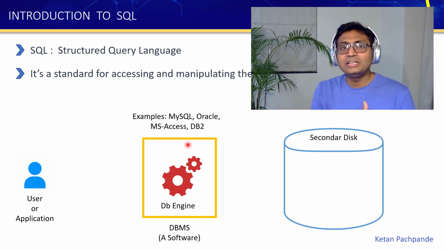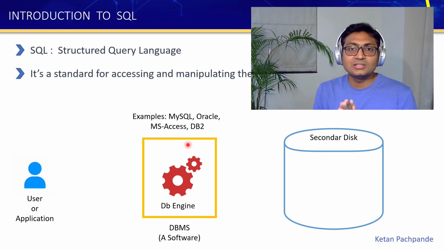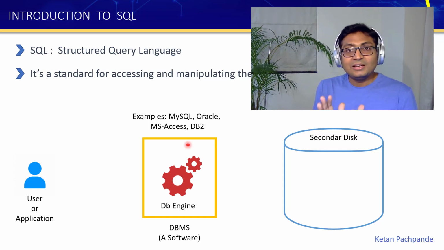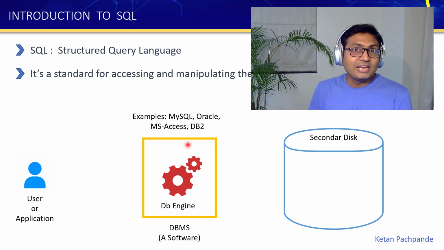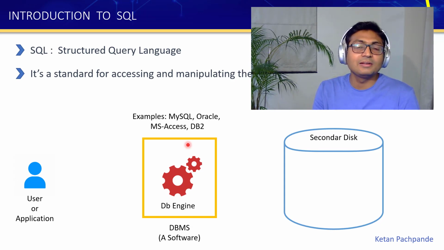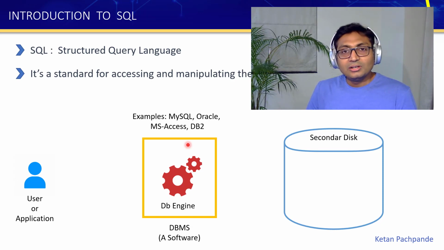You can even download all the transactions that happened in your account last year, the year before that, and so on. It means the data is stored somewhere permanently, for as long as the bank is managing it. The place where this data is stored is the secondary disk, like your laptop's 1 terabyte or 512 GB hard disk. Even if you shut down your laptop, the data is there permanently. So of course, your data is going to be stored on the secondary disk and not on the primary RAM.